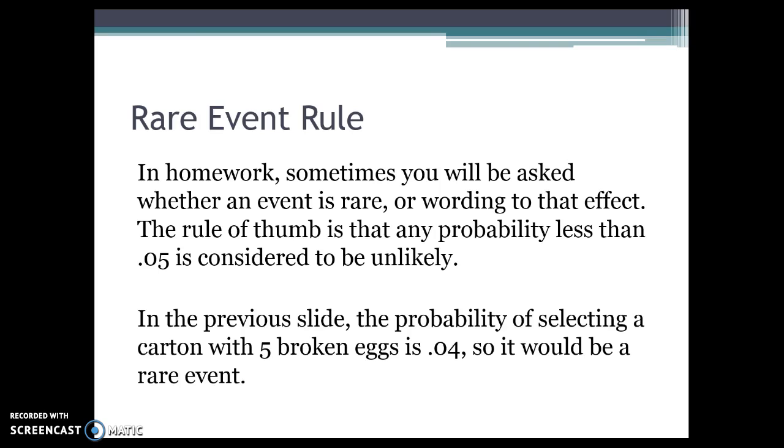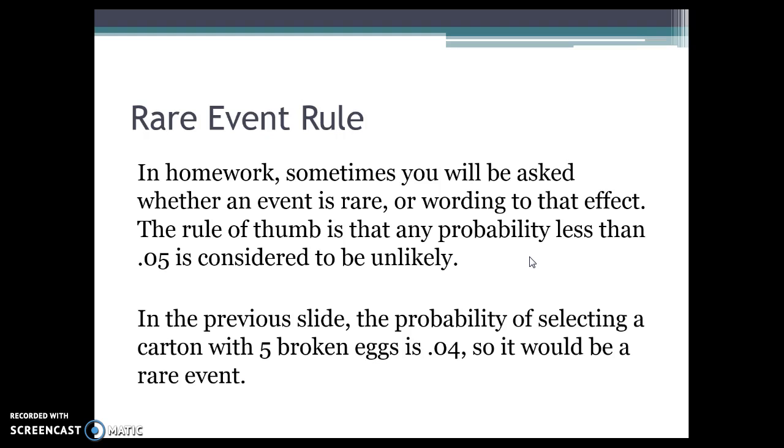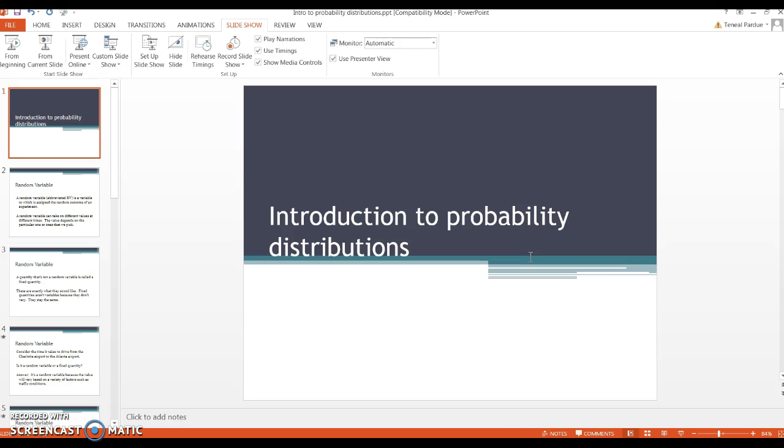The rule of thumb is that if the probability is less than 0.05, it's rare. Otherwise, not so rare. So back here, if we looked at the probability of selecting a carton of eggs that had exactly 5 eggs broken, that's 0.04, so that's going to be rare. All right, so that's it for this lesson, and you can move on to the normal distribution.